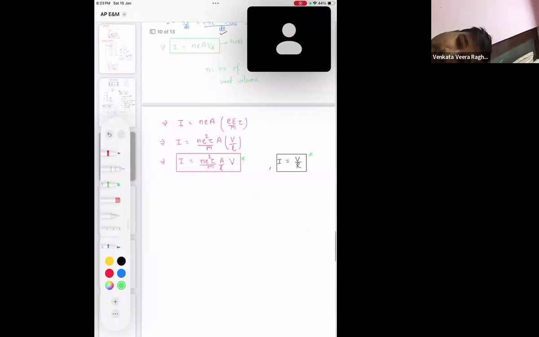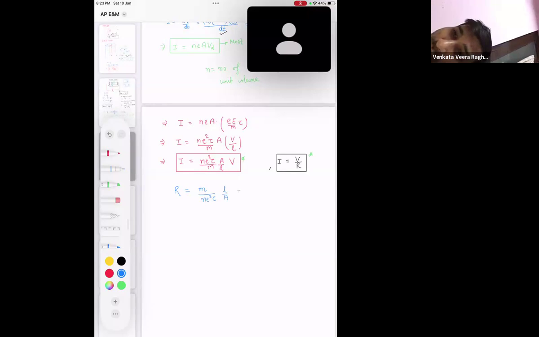If you do the comparison, are you getting resistance equal to M by NE square tau into L by A? Tell me, so the resistance of a conductor is how much? M by NE square tau into L by A.